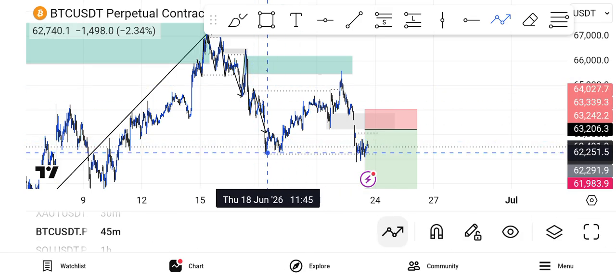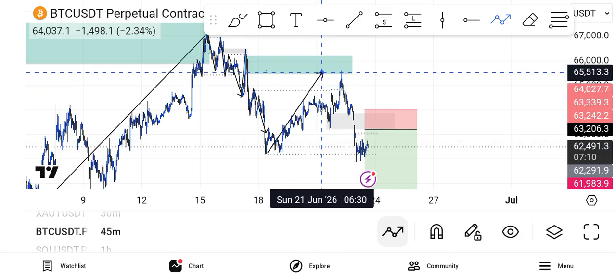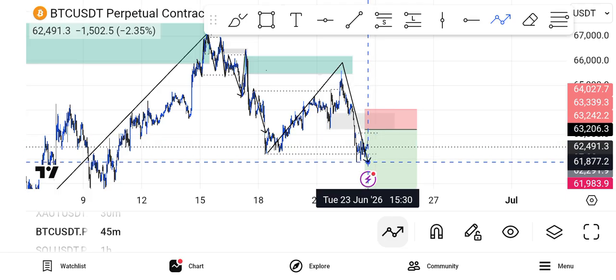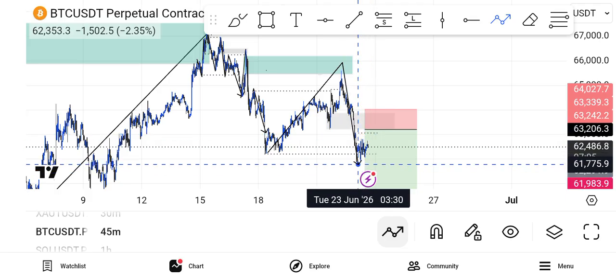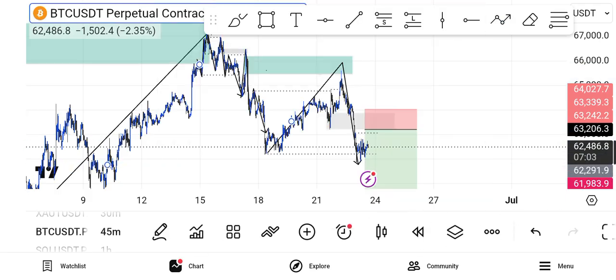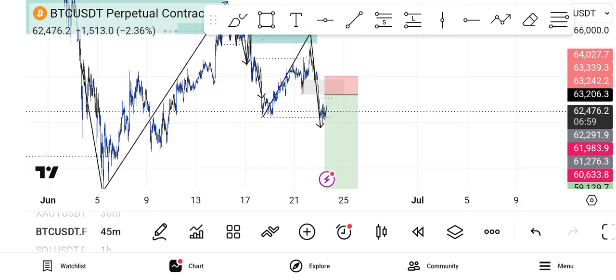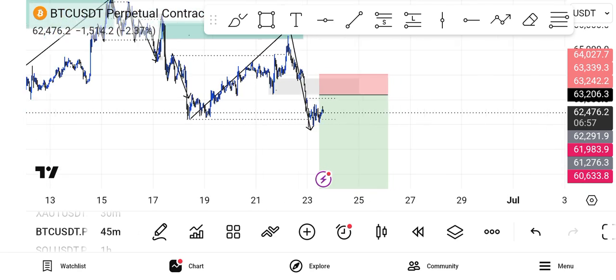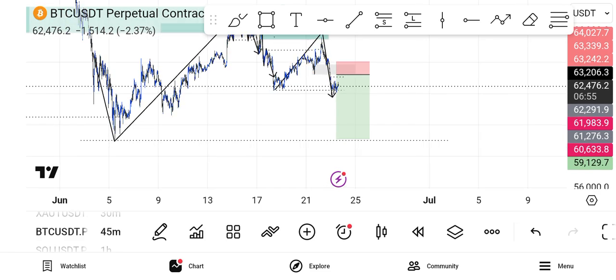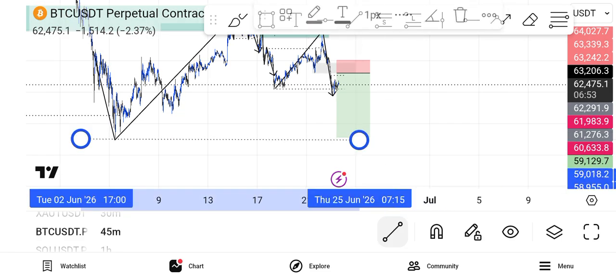From this point now, the market took out this one as liquidity, and it continued flowing down all the way down. So as the market keeps flowing down, I'm just going to be positioning myself and flowing with the market until we take out the major low that we have here.